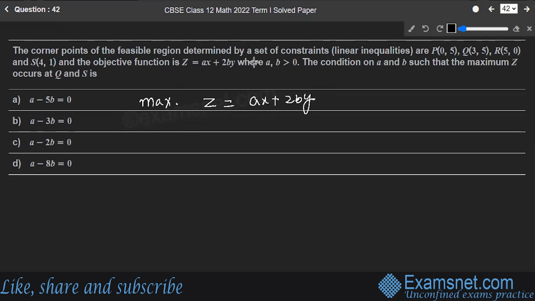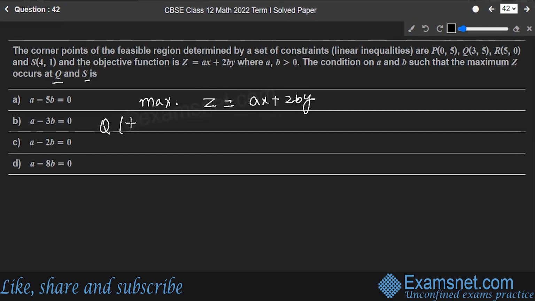It's given that these are the 4 corner points. So we are given the 2 points at which the maximum occurs.